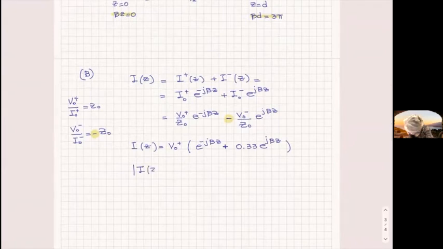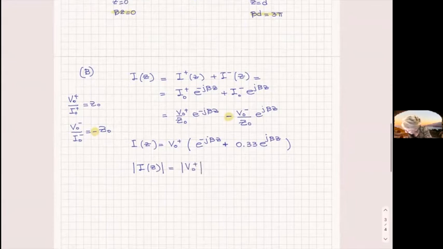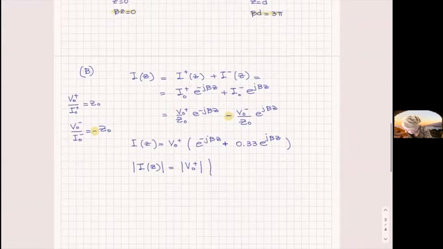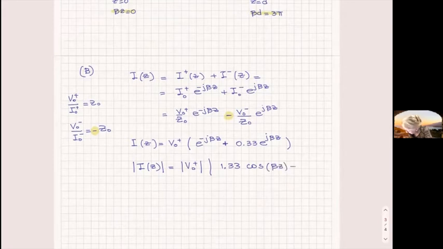This one can be a complex number. And then in here, if you remember, I will have 1.33 cosine of beta z. And then I will have minus j, and this is minus j sine in the first one, and in this one it is going to be minus 0.66 sine of beta z.